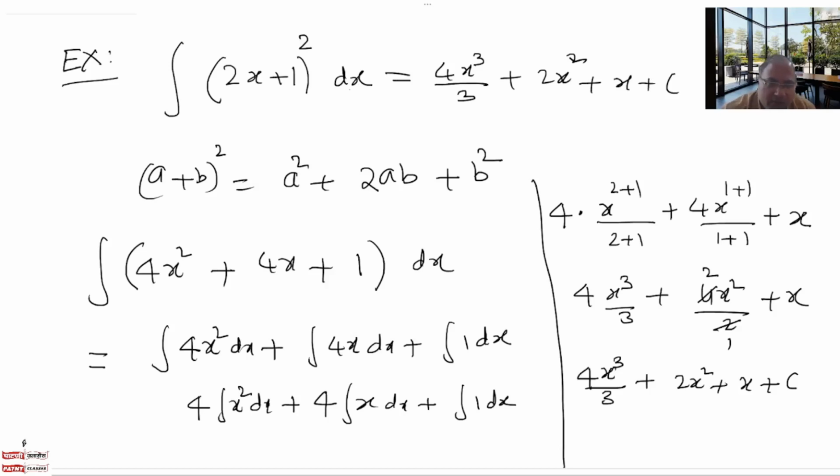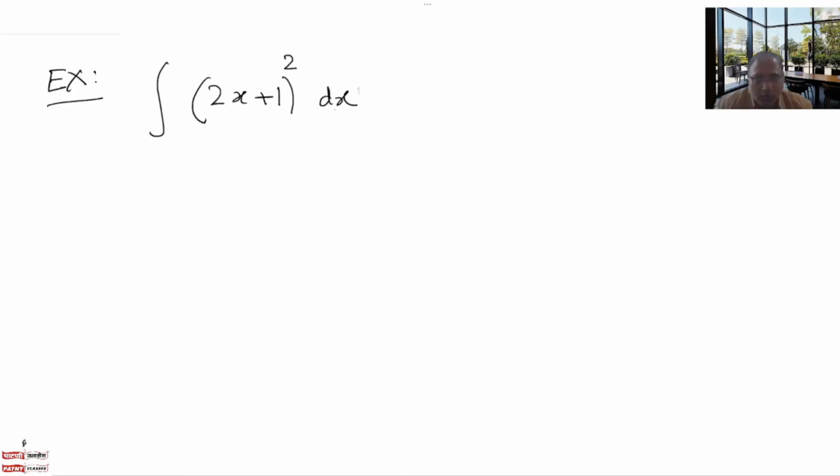The same problem we can do by the substitution method as well. The given problem is not in the standard form. To convert it into standard form, let 2x plus 1 equal k. You can put u, v, or z depending upon your college teacher, but I like k, so I always put k.